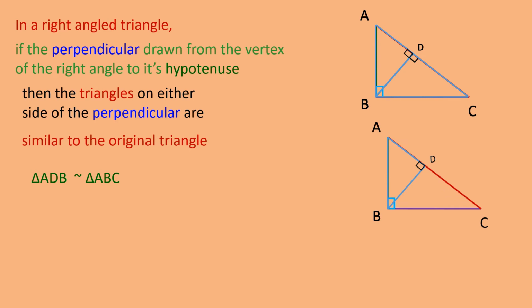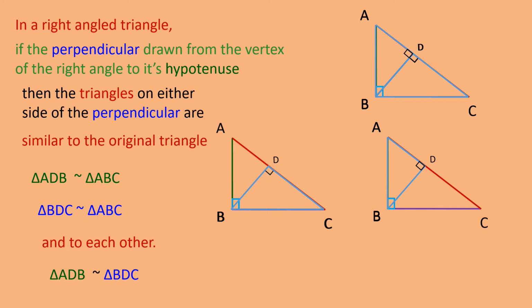Yes, you can see that triangle ADB and triangle ABC are similar to each other, where triangle ABC is the original triangle and ADB is formed due to the perpendicular from the right angle vertex to its hypotenuse. Second one, in the same way, triangle BDC is similar to triangle ABC, as you can see here, triangle BDC with the original triangle ABC.